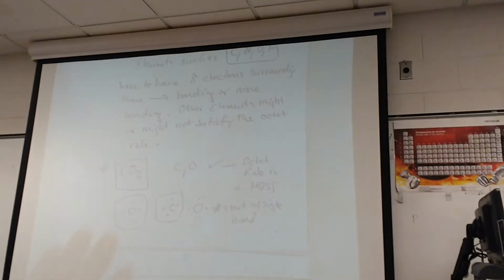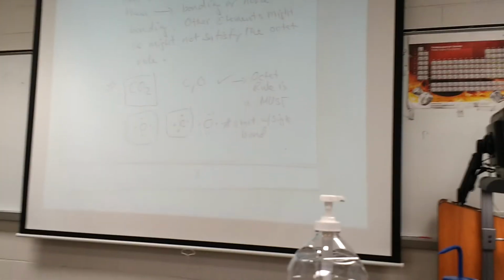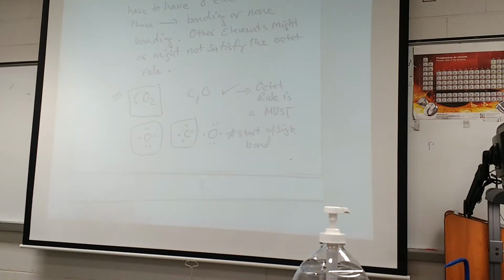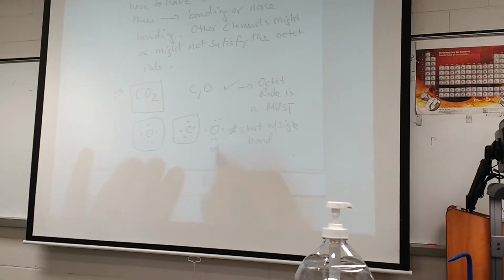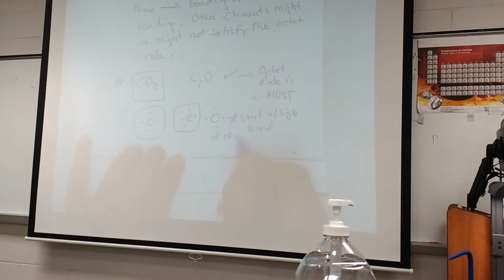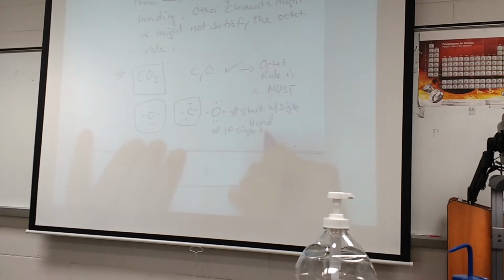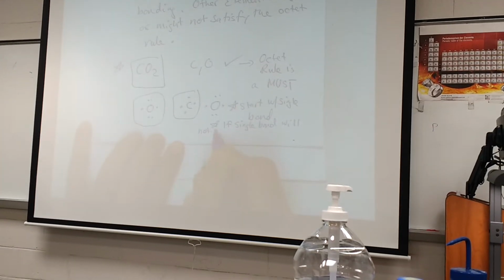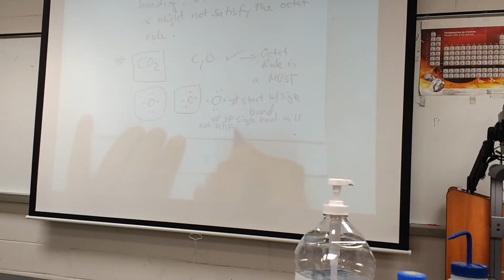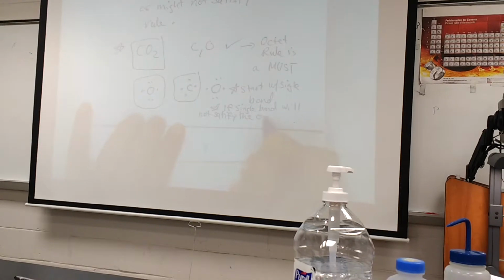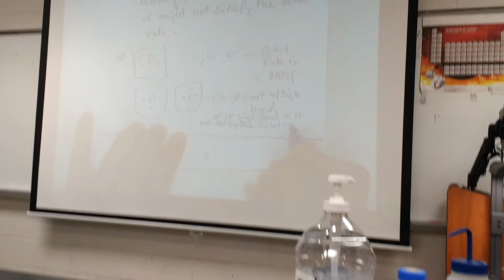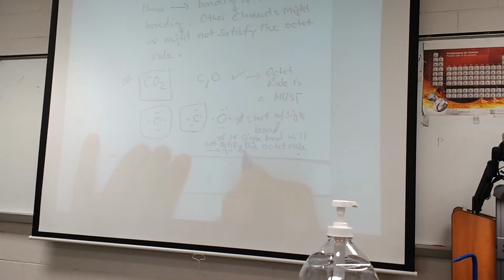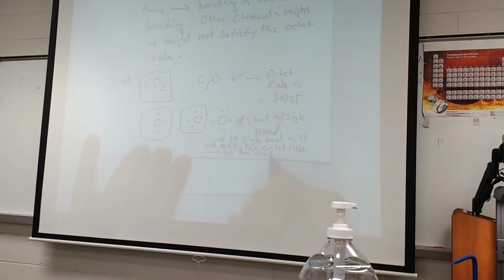If the single bond does not satisfy the octet rule, then go for a double bond.